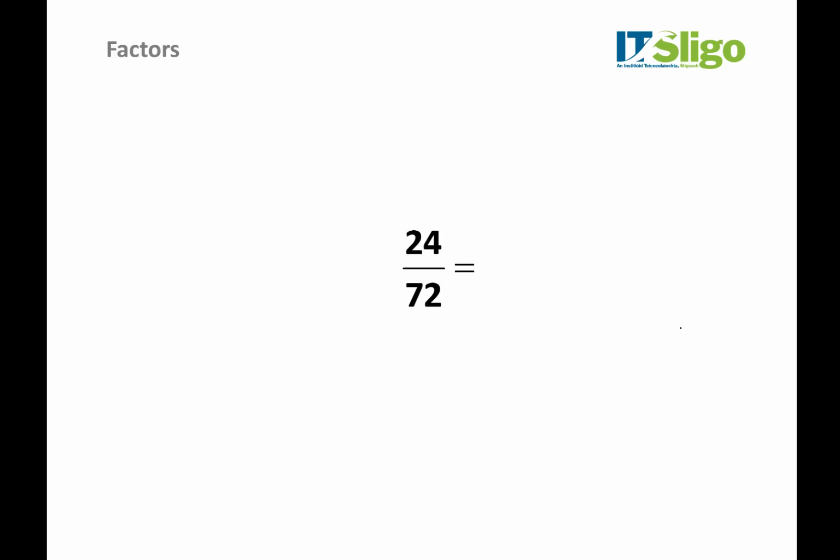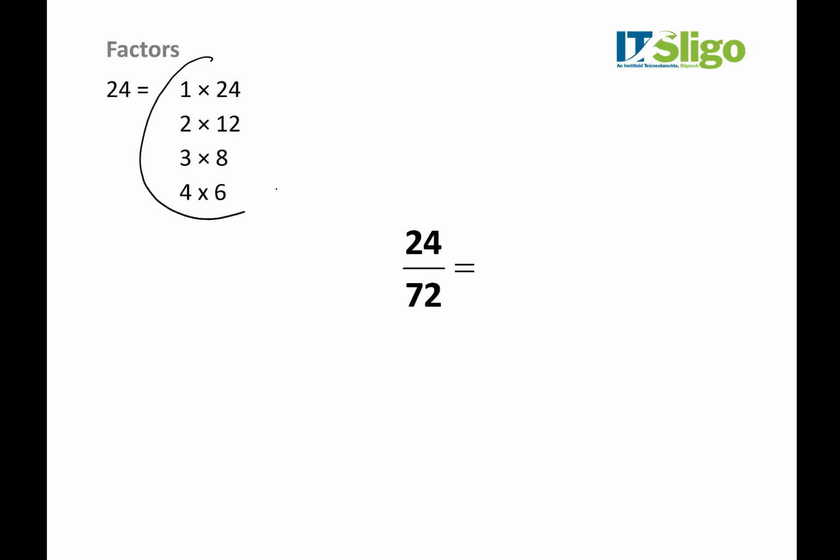So here's our fraction. What we actually want to do, guys, is figure out what the factors are. What numbers multiply together to give me my numerator? What are my possibilities? We could have 1 by 24, 2 by 12, 3 by 8, 4 by 6.